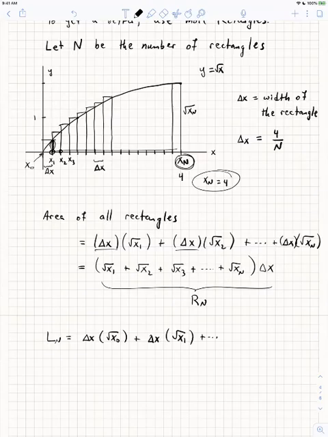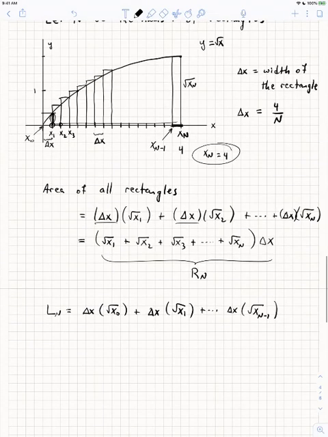And now, if you look up here at our last interval, the last right endpoint is x sub n. So the last left endpoint is x sub n minus 1. And that's going to determine the height of our last left approximation. So that's going to be delta x times the square root of x sub n minus 1. And that's going to be our L sub n.